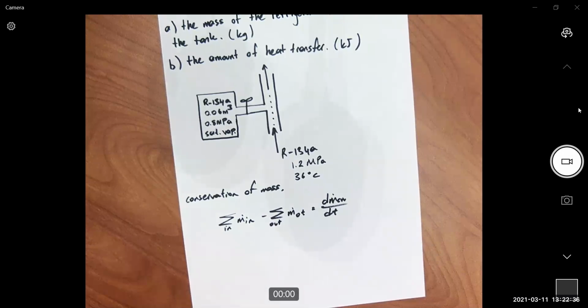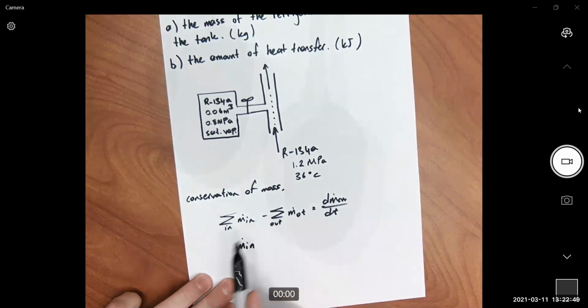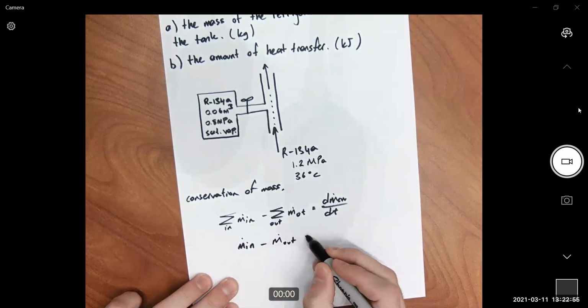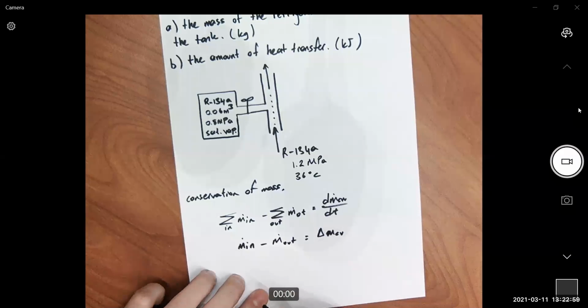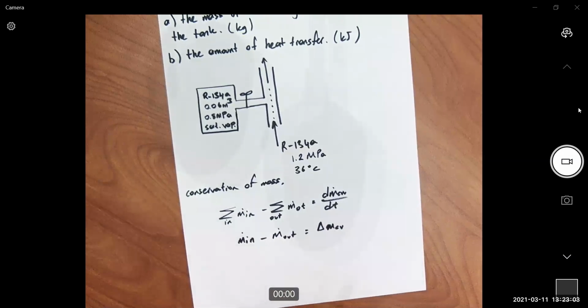I'm changing the mass inside that tank, like filling it. So m in, I can get rid of the summation, minus m out equals the mass accumulated in the control volume, dm/dt.